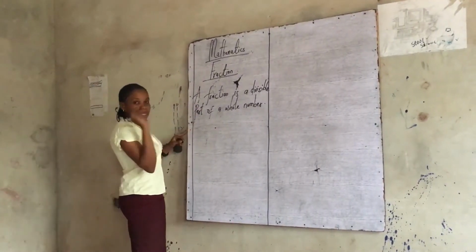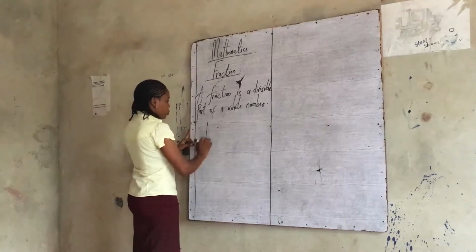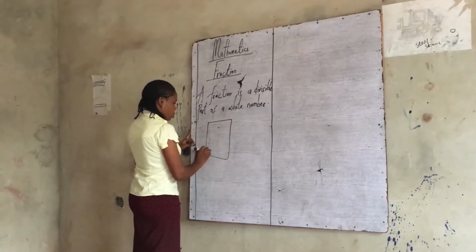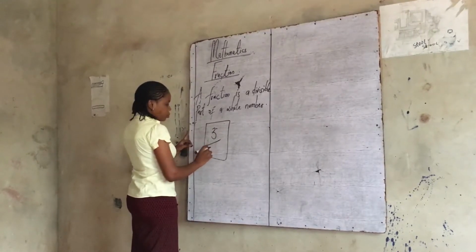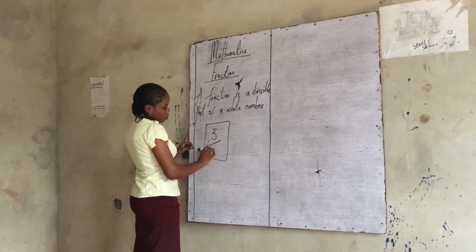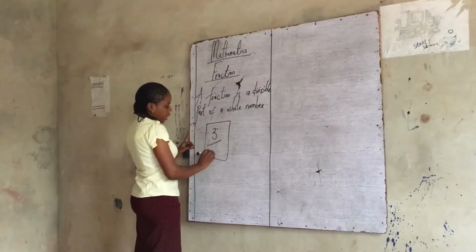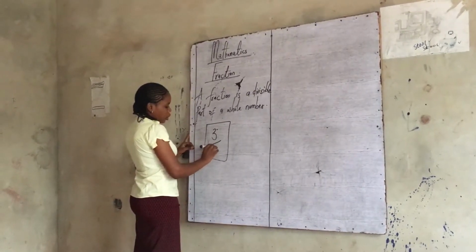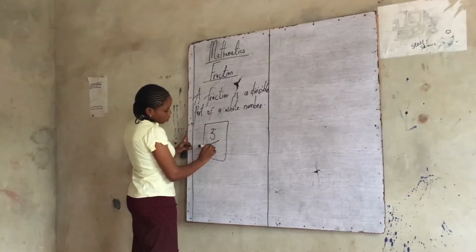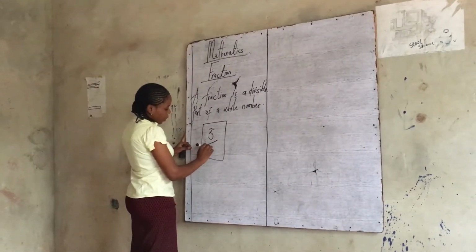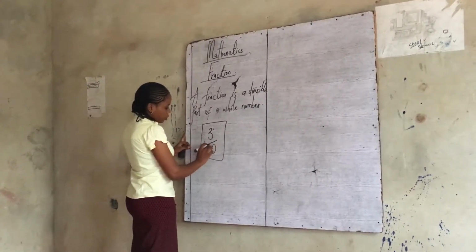I said this is the shape of a fraction: an upper number, a division sign, and the down or below number, for instance 10.